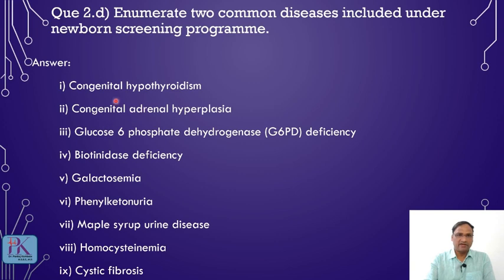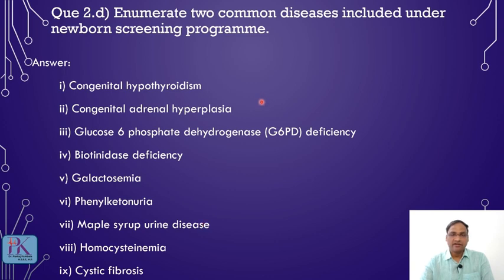Then glucose 6-phosphate dehydrogenase deficiency, that is G6PD deficiency, biotinidase deficiency, galactosemia, phenylketonuria, MSUD, that is maple syrup urine disease, homocystinemia, and cystic fibrosis.